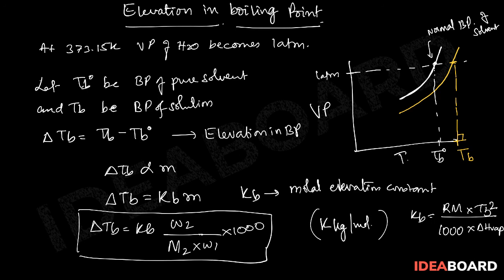So this Kb is calculated for solvent, and R is universal gas constant here, m is molar mass of the solvent, Tb is normal boiling point of the solvent, and delta H vaporization is enthalpy of vaporization for the particular solvent we consider. So in this way we can calculate Kb also, but derivation of this formula is beyond the scope. So yeah, that's it about elevation in boiling point.